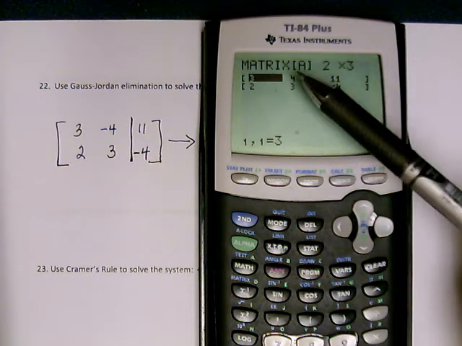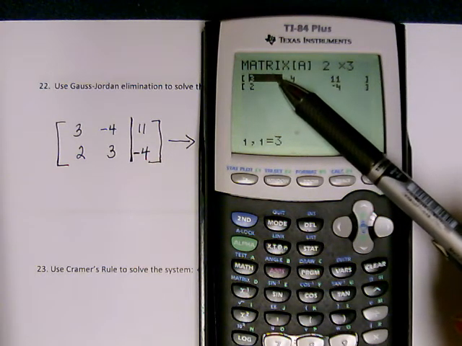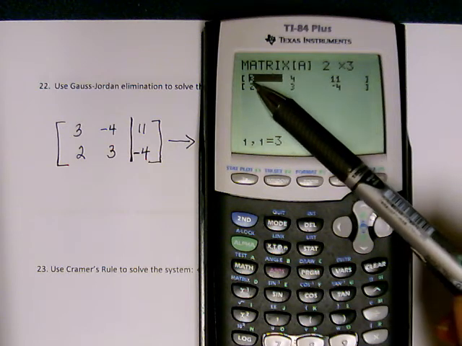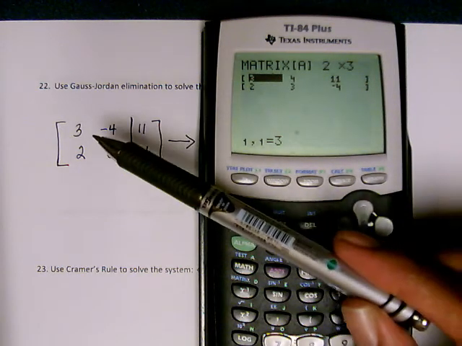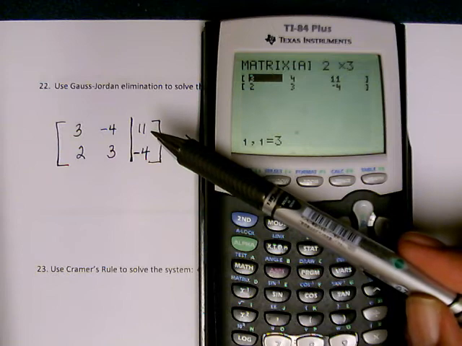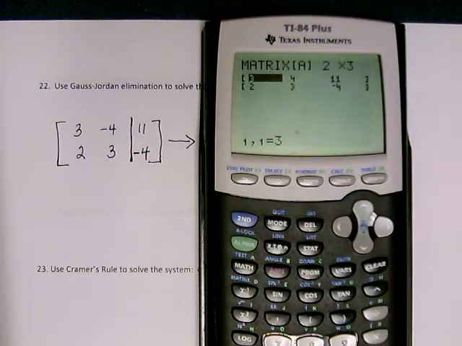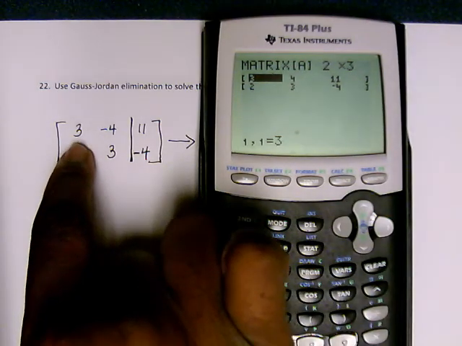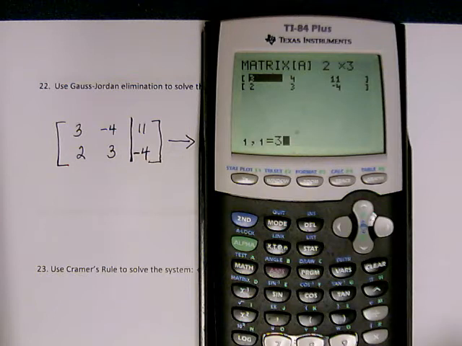And then that cursor will take you to the first row, first column. You're going to enter each element row by row, pressing enter after each number. So in this case, we're going to press 3, enter, then negative 4, enter, and then 11, enter.